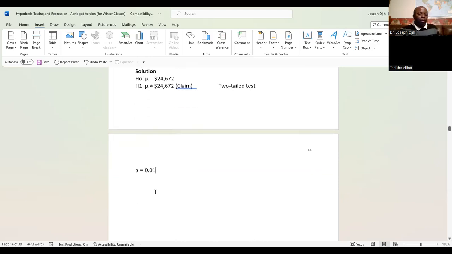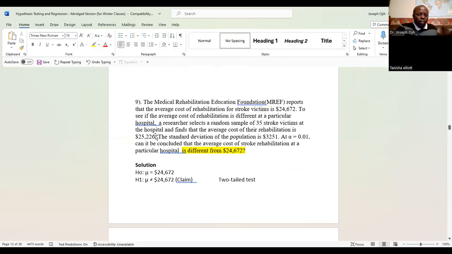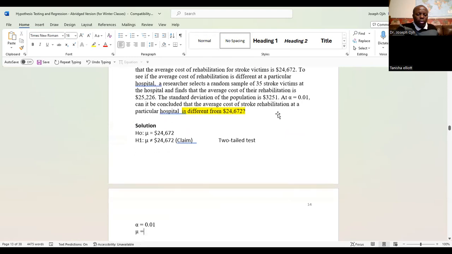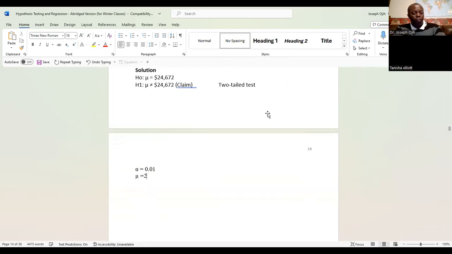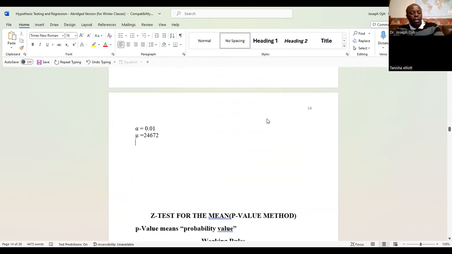The mean equals, it says, 24,672. Then it's a sample of 35 stroke victims. N is 35.